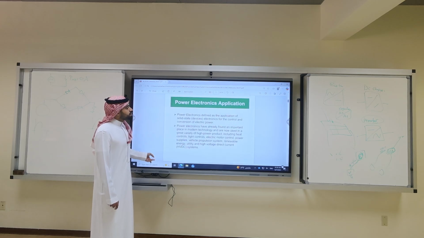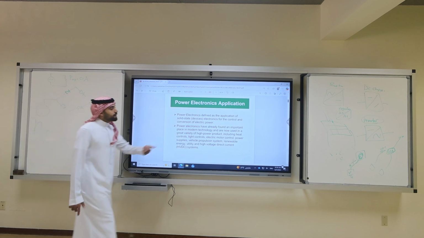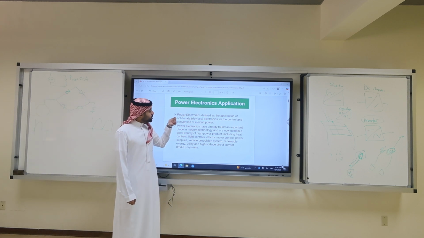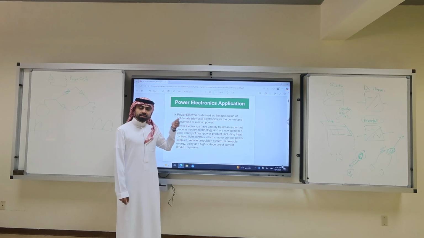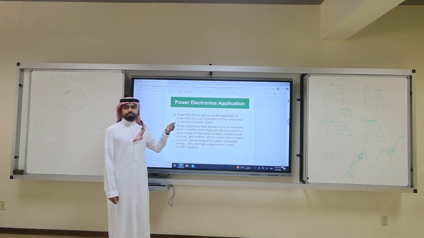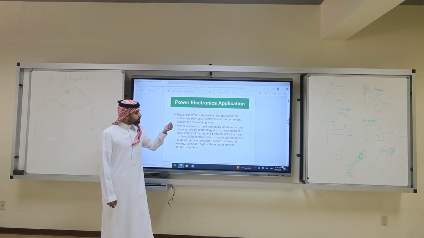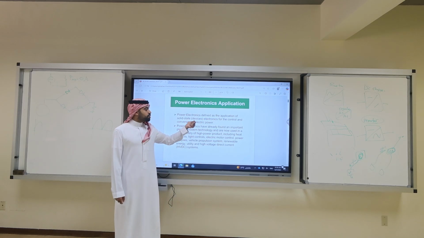So what's the definition of power electronics? It is the application of solid state. Solid state, from the physics, semiconductor devices for the control and conversion of electric power.